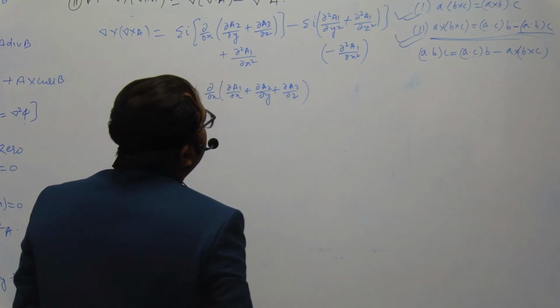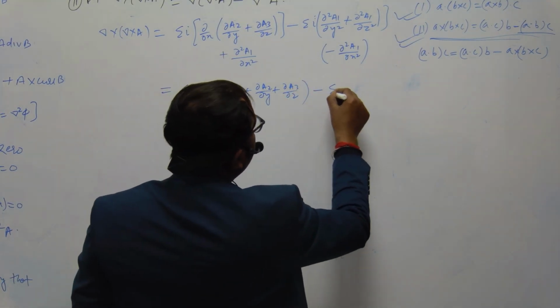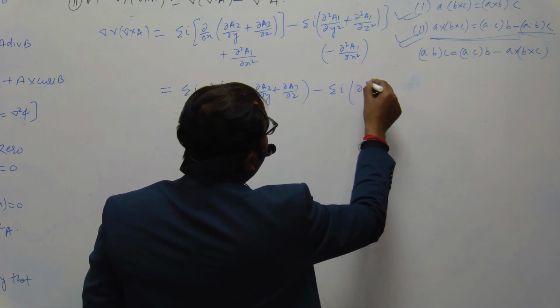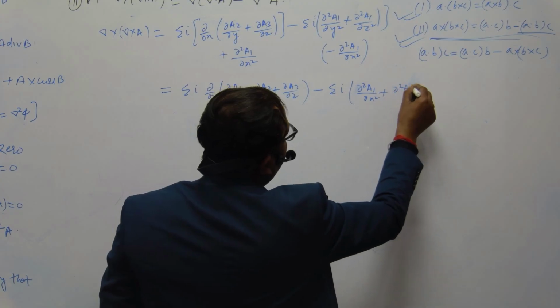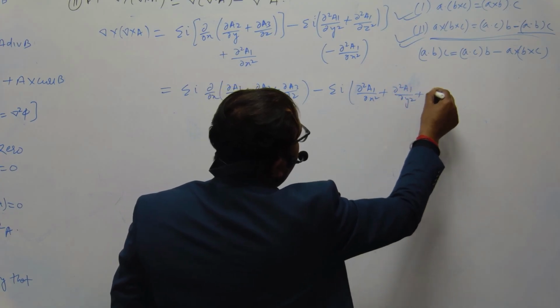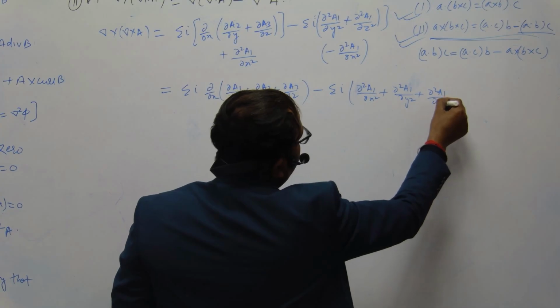Okay, and this we can represent as minus summation i, del 2 a1 upon del x square plus del 2 a1 upon del y square plus del 2 a1 upon del z square.